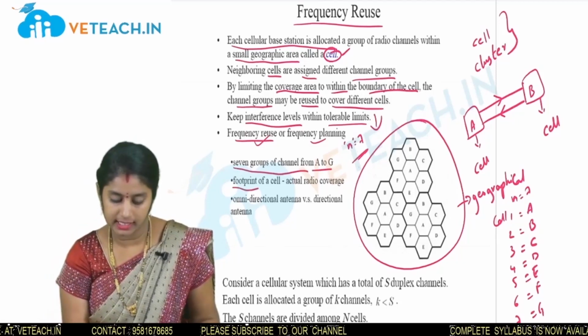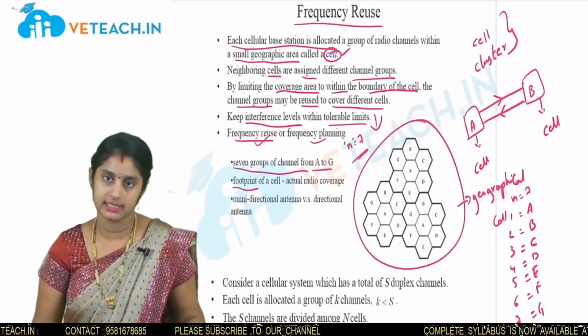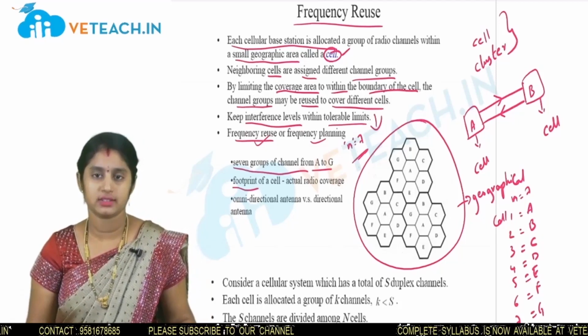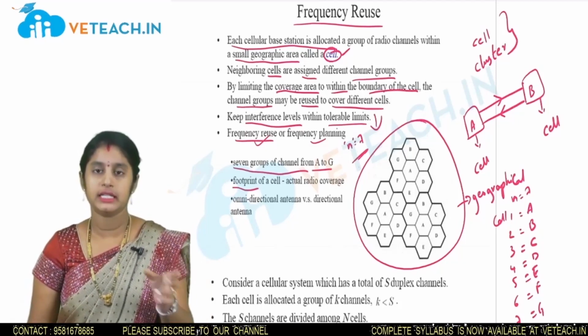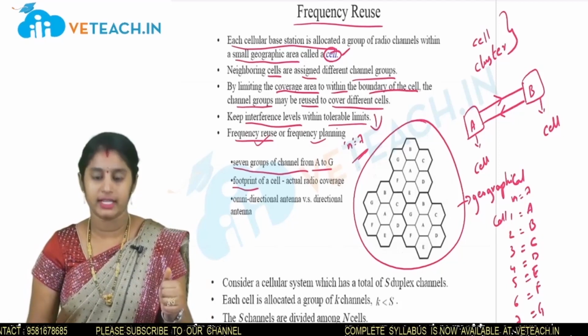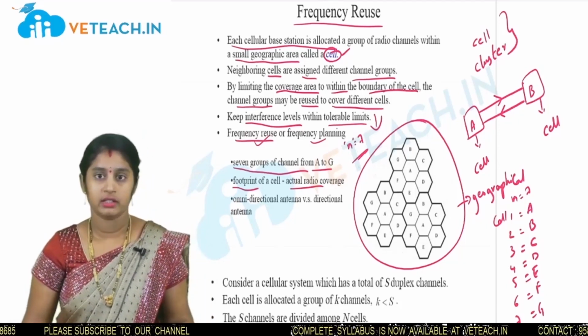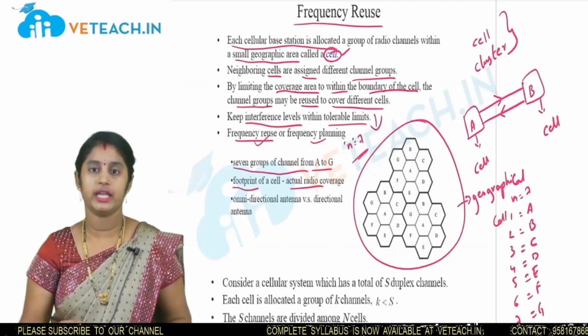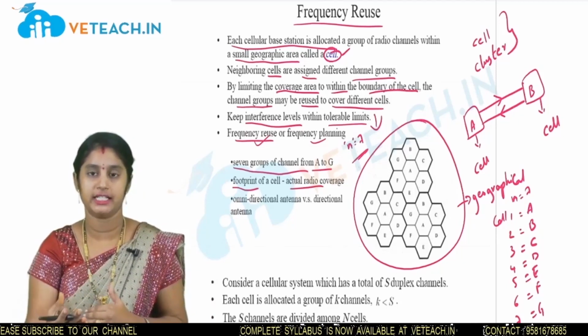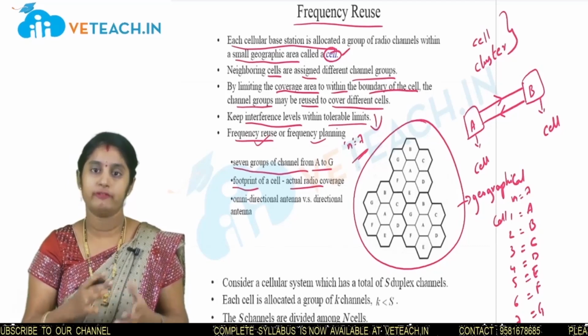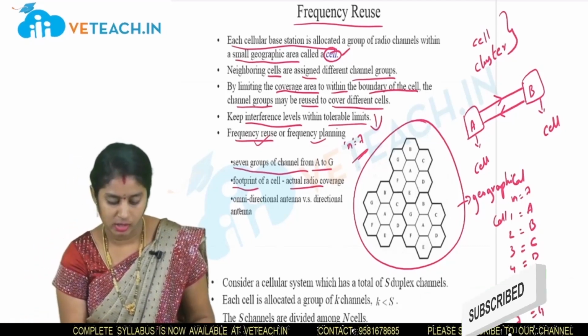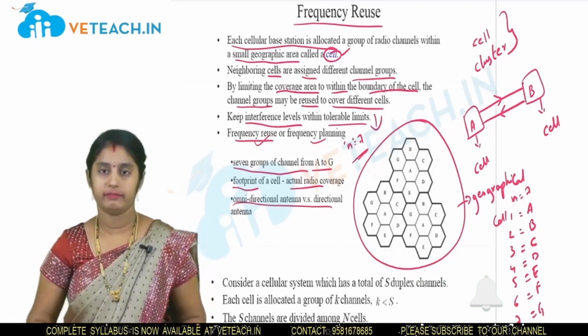Next we are declaring a point called the footprint of a cell. The footprint is nothing but the area covered by a radio signal. That is, how much area the radio signal can cover is known as a footprint. And next we have antennas.